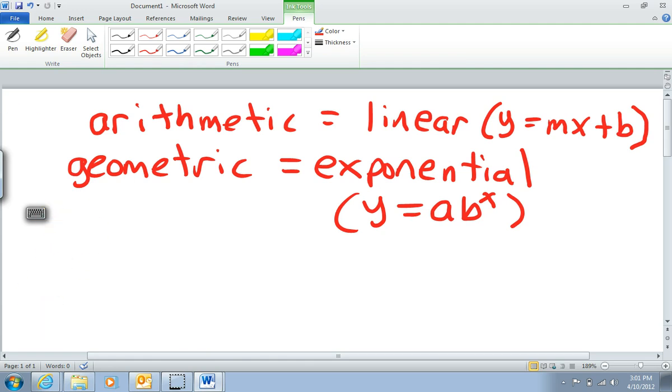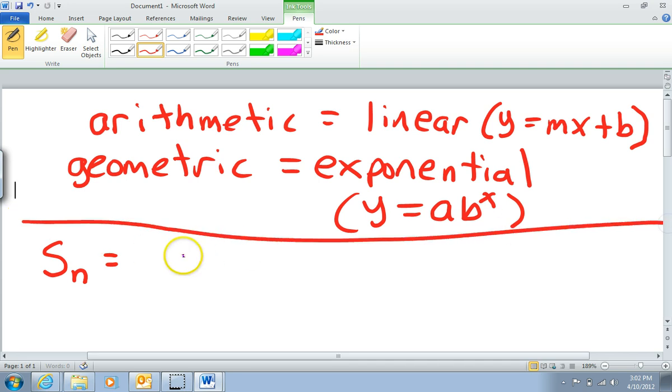So here's the formula. If I want to find the sum of the first n terms of a sequence or series, I could use this formula. And this is not new, I taught you this before. It's n times, and I used to say the average, n times the average.